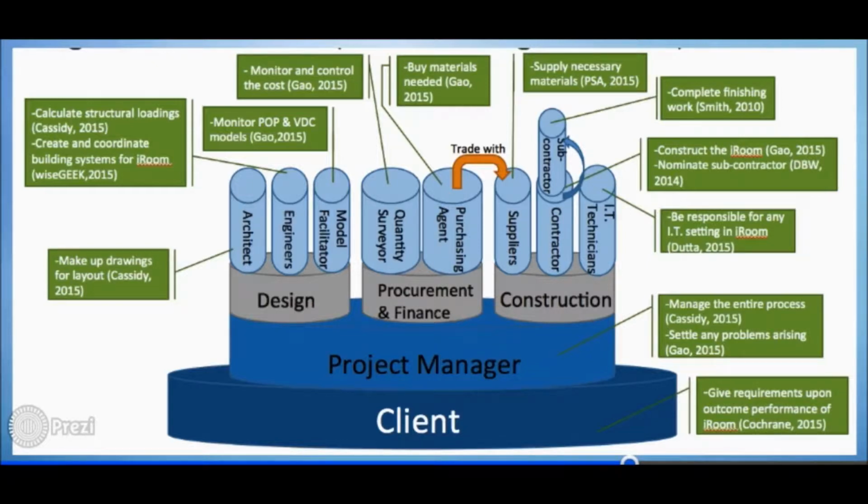The purchasing agent trades with the suppliers, asking for quotations, negotiating with them, and is also responsible for the transportation of the materials. And the contractor nominates subcontractors for the finishing work.